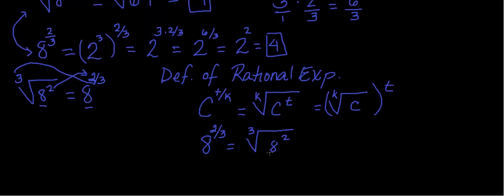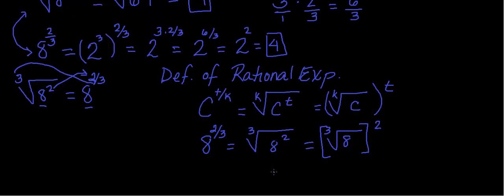That's what this means. But it also says that this is equivalent. You can have the cube root of 8 squared, or you could have the cube root of 8, everything squared.